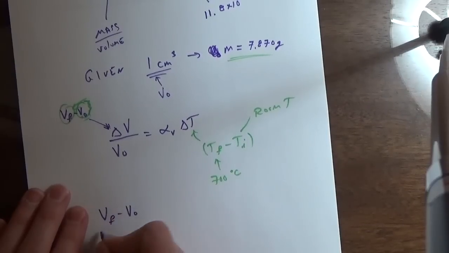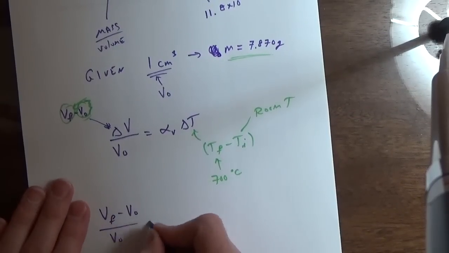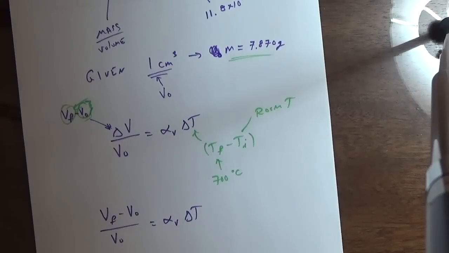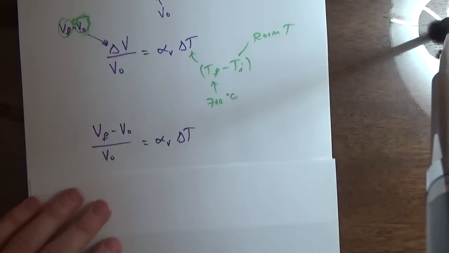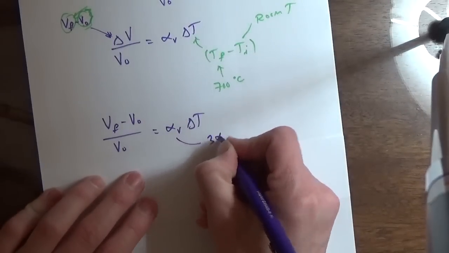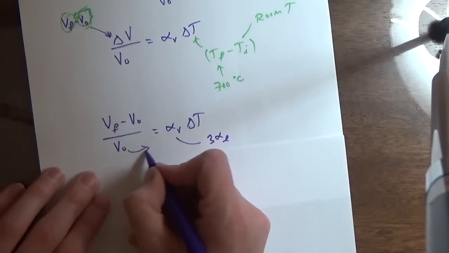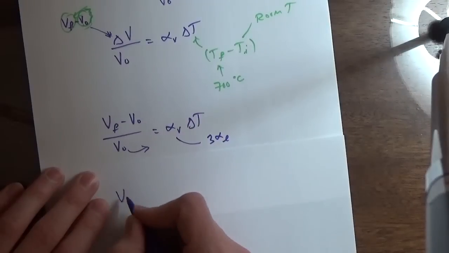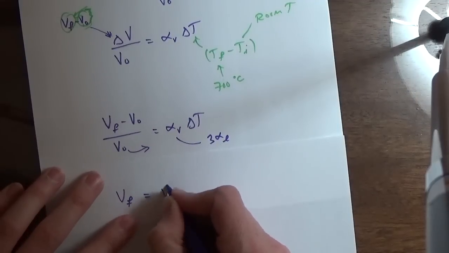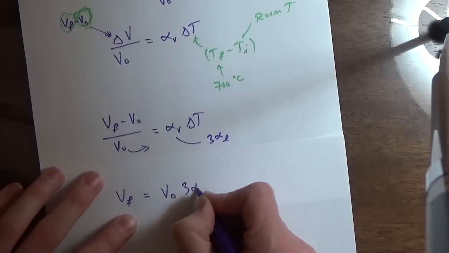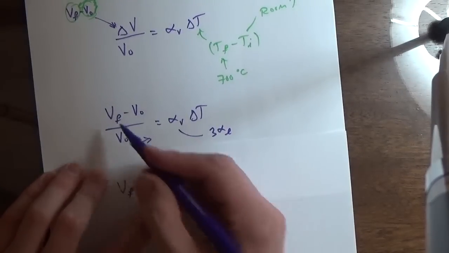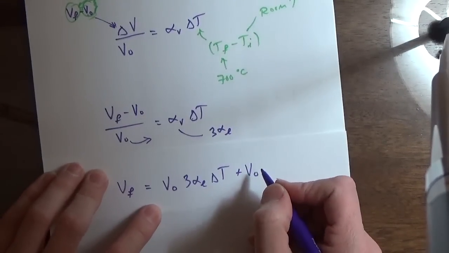Vf minus V0 over V0 is equal to alpha V delta T. We can use 3 alpha L here, move this over so we get Vf is equal to V0 times 3 alpha L delta T plus V0.